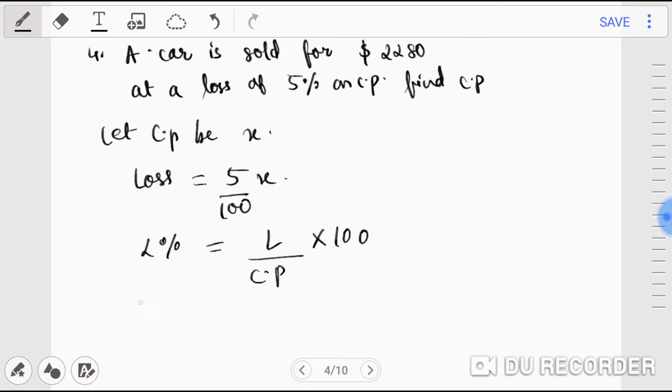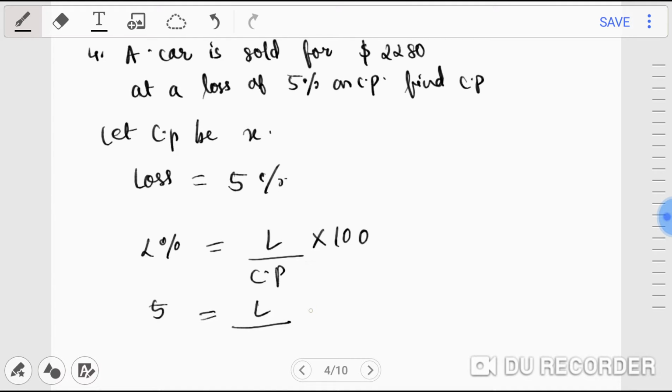So loss percent is 5 upon 100x, or you can directly write 5% because we are already using percentage. So it will be 5 is equal to loss. We do not have CP.